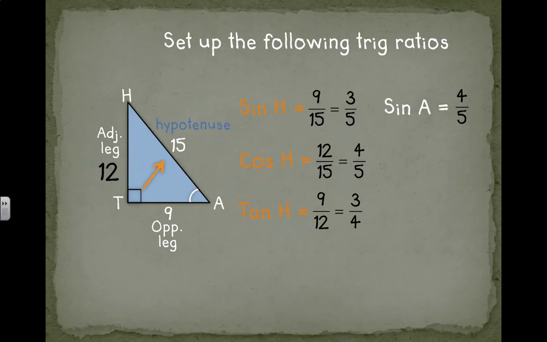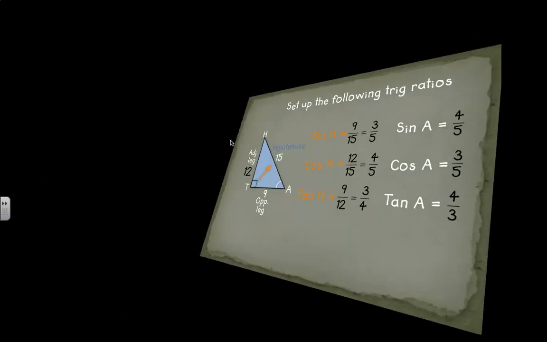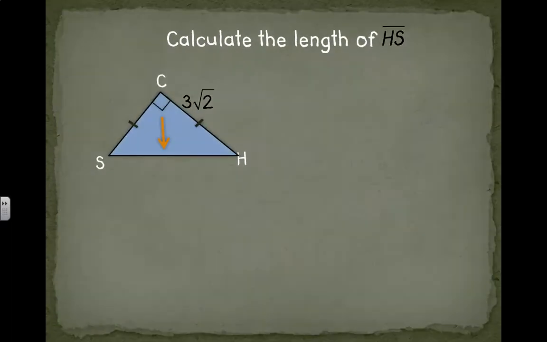I thought that I had switched those, so just switch them in your notes here, guys. Make sure that this is the adjacent leg here, and this is the opposite leg. And next is the tangent of A. When you take a look at your trig functions, notice that they are switched.